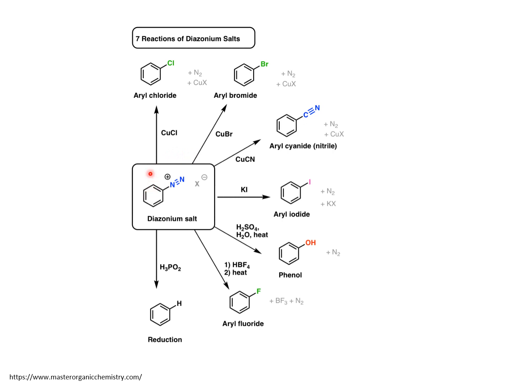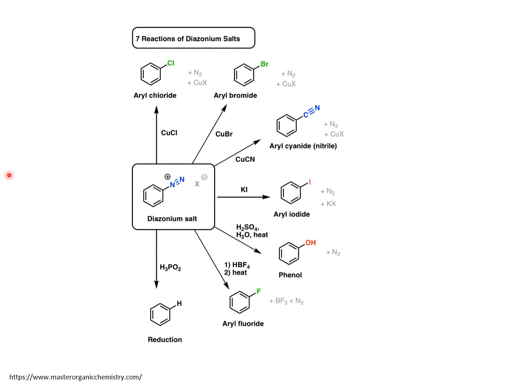So we can react it with many other compounds, such as copper chloride to introduce chlorine, for example copper bromide if you want to introduce bromine into the aromatic ring. And then we have copper cyanide to form aryl cyanide, copper iodide to introduce iodide into the compound, or maybe H2SO4 to produce phenol.